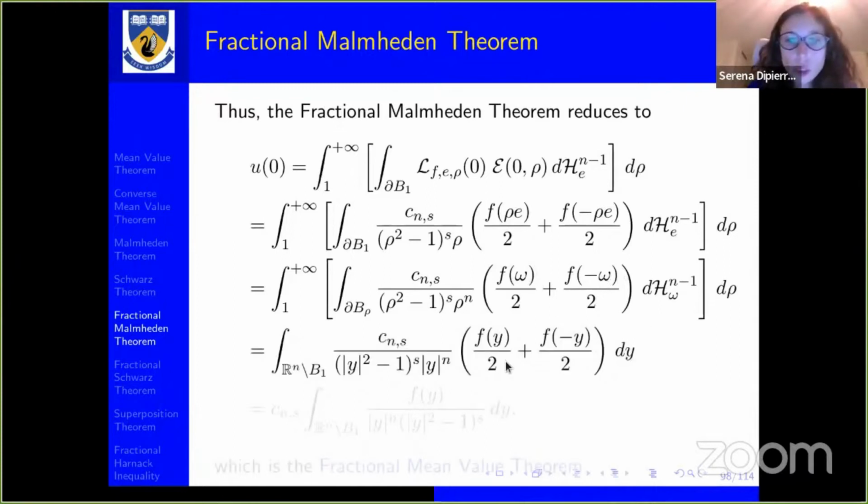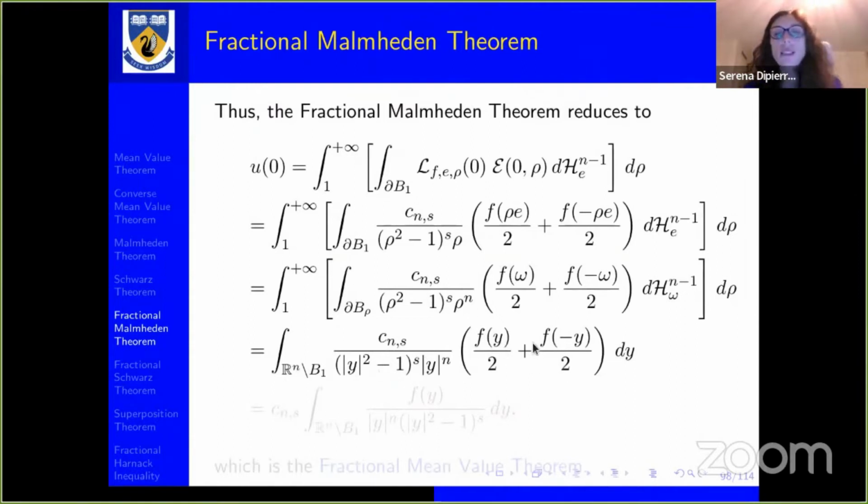Then I do another change of variables. I call y to be rho times omega divided by the norm of omega. Basically I go from polar coordinates to the integral over Rn minus B1. So now my new variable is y.